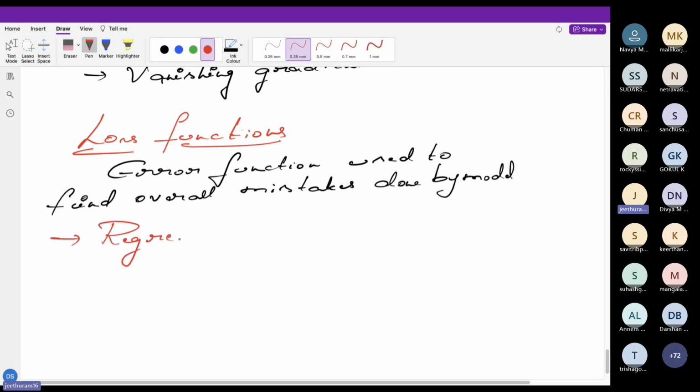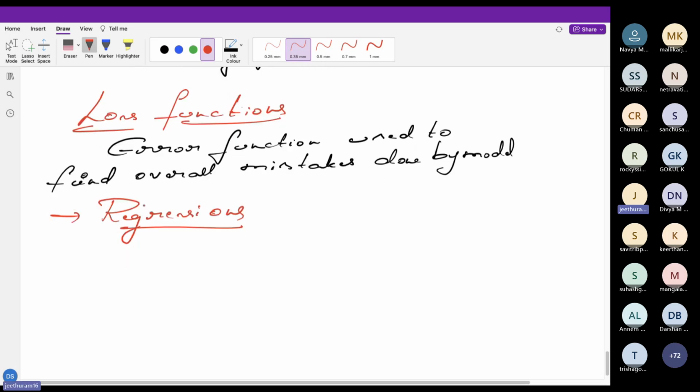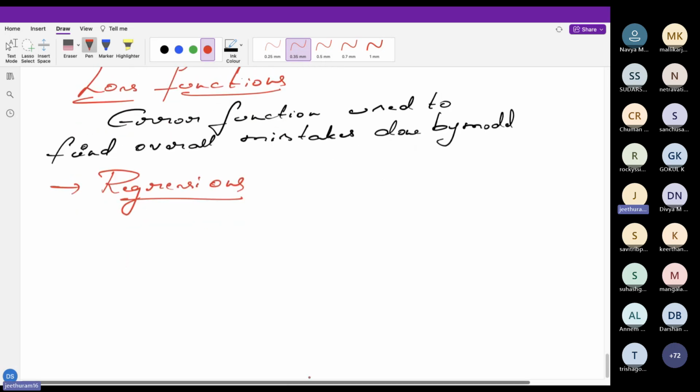What are the loss functions associated with regression and what are the loss functions associated with classification? Can you tell me what loss functions are used in the regression case? Already studied: mean squared error, mean absolute error, root mean squared error.